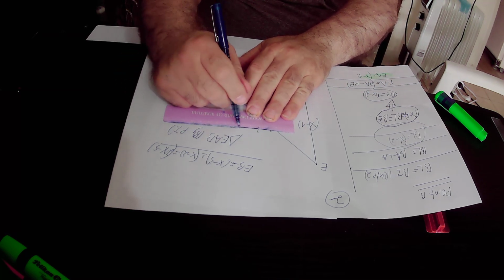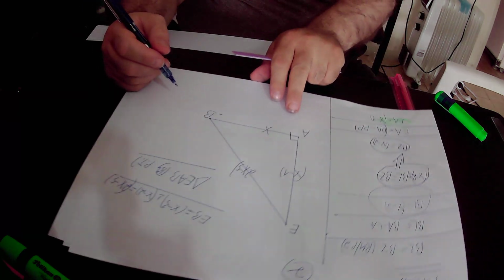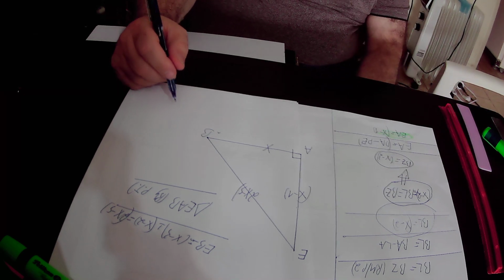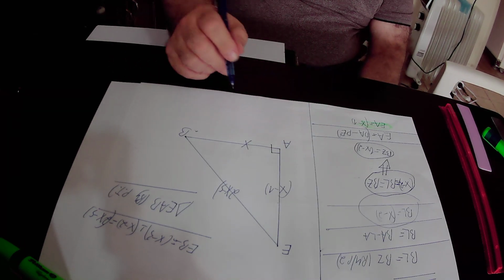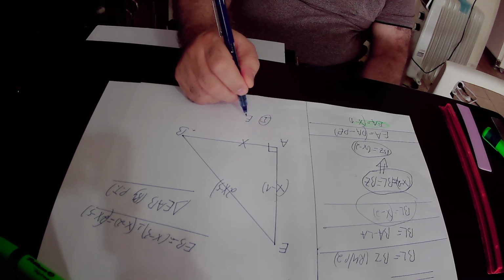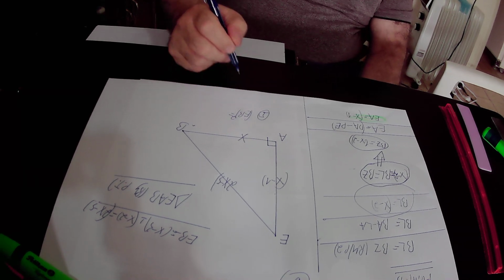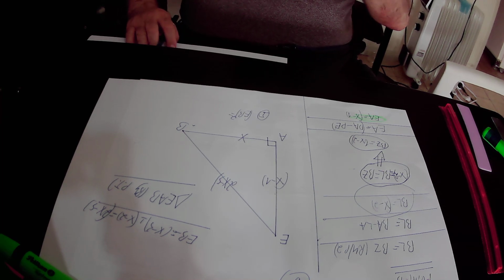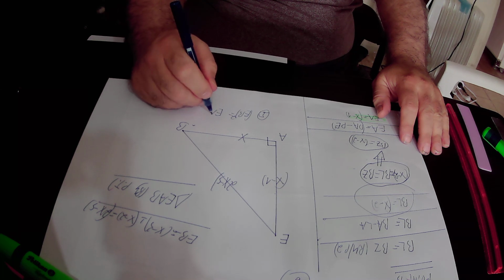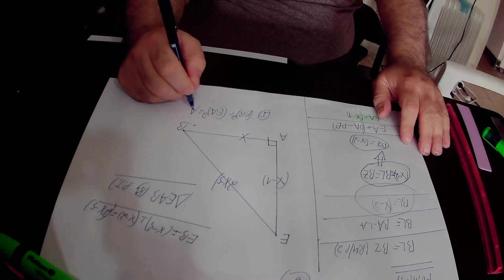According to the Pythagoras theorem, the square of the hypotenuse equals the sum of the squares of the perpendiculars. The hypotenuse is EB, so the square of the hypotenuse is EB squared, and it must be equal to the sum of the squares of the perpendiculars. That is to say, it must be equal to EA squared plus AB squared.